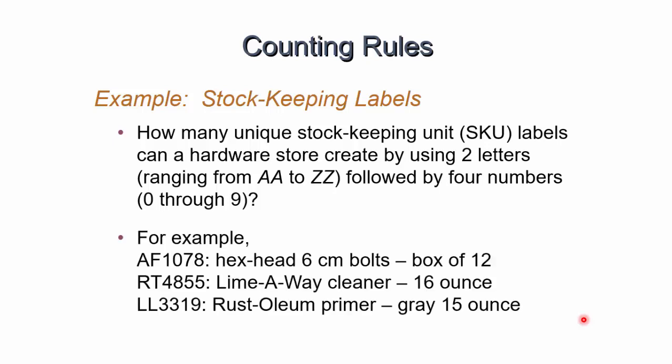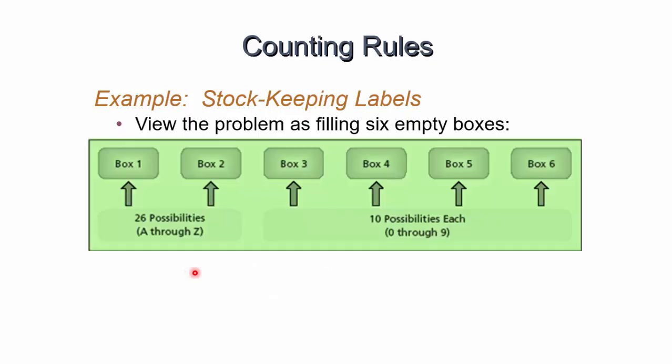So it would look something like AF1078 or RT4855, LL3319. So that's 2 alphabets and 4 numbers. It would be like filling up 6 different boxes, 2 for alphabets, 26 possible ways each, and 4 boxes in 10 different possible ways, 0 to 9.